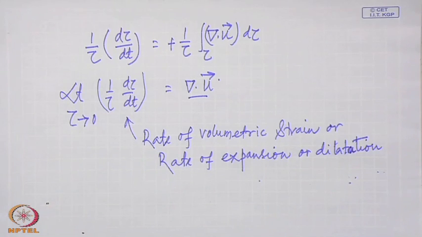Because whenever you say strain, the spatial rate is already included. Strain is always increase in length per unit length or increase in volume per unit volume. So, the spatial rate is always included in it. So, when you in addition say rate, it is the time rate, that is what is meant.